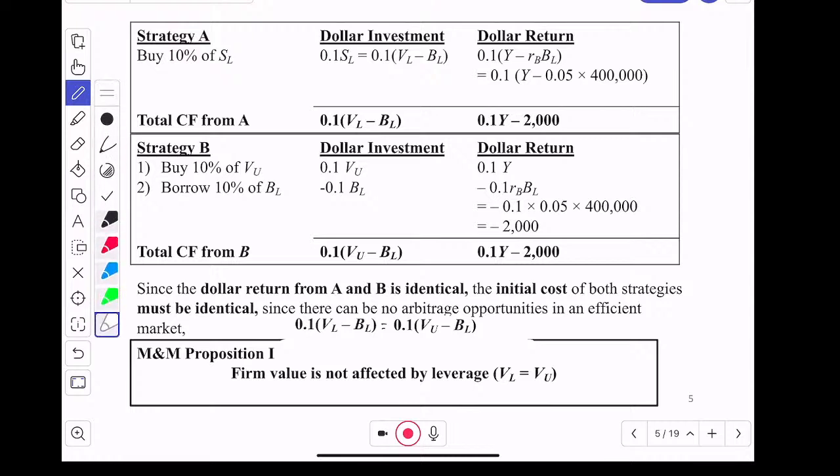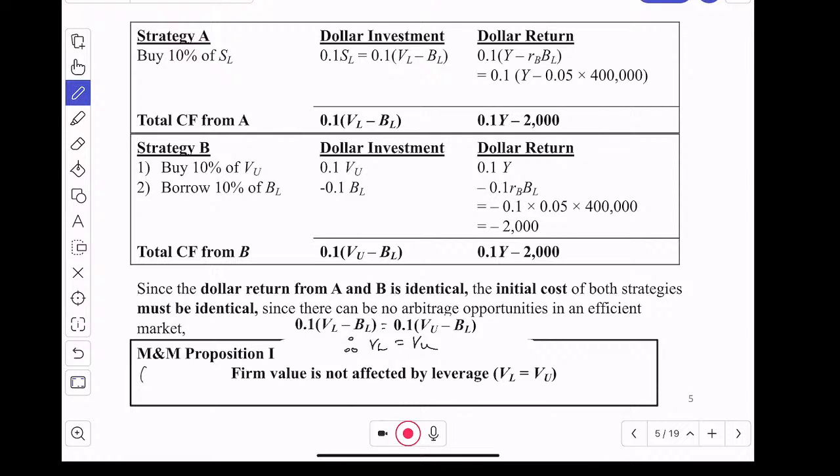I just wiped it out. These can only be identical if the value of the levered firm is equal to the value of the unlevered firm. Okay?